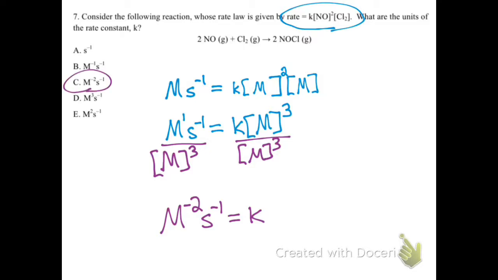The other way that we can think about this is there's a pattern that arises if we look at orders. This is second order with respect to nitric oxide and first order with respect to chlorine, so this is third order overall. You'll see a pattern that develops if we look at the order of a reaction and the units of k.